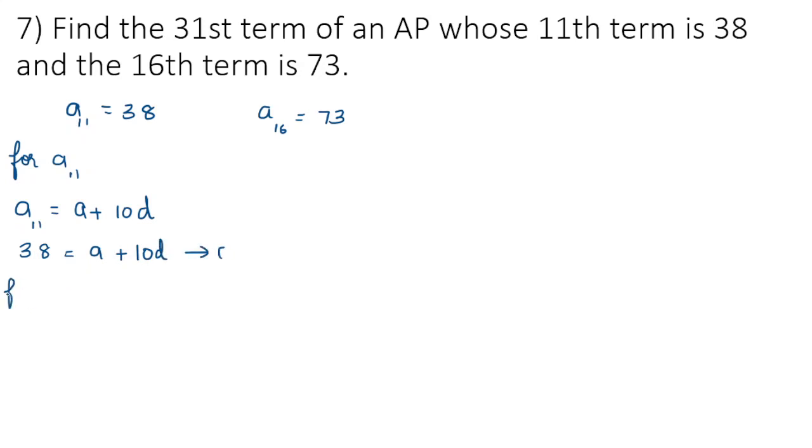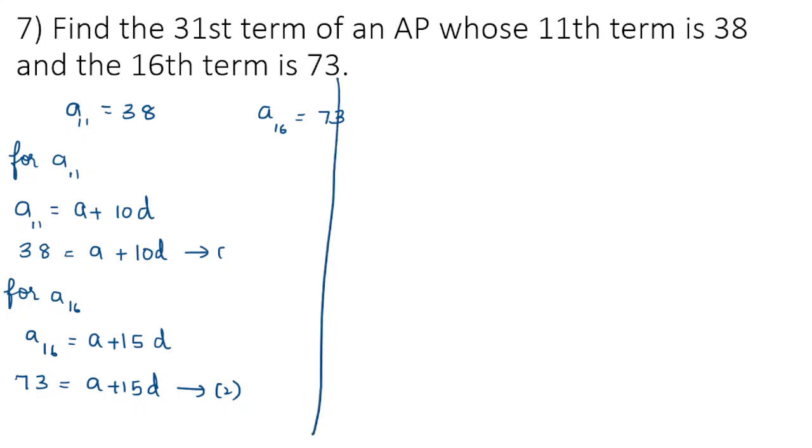Next for A16, that is A16 is equal to A plus 15D, so 73 is equal to A plus 15D. This is equation 2. Now what we have to do, next, subtract, isn't it? Subtract equation 1 from 2.